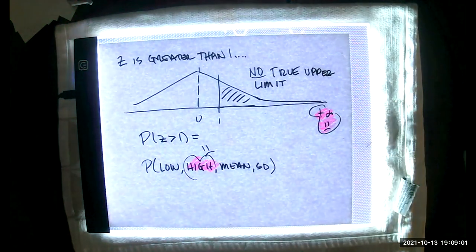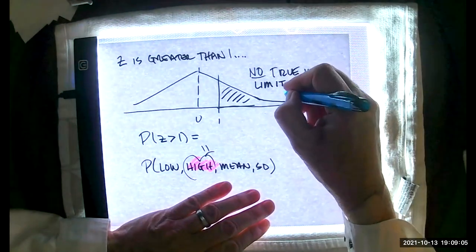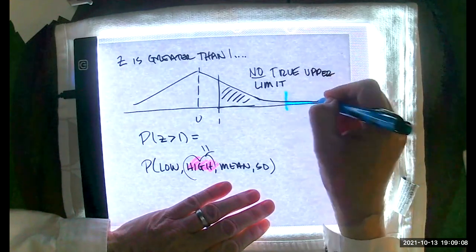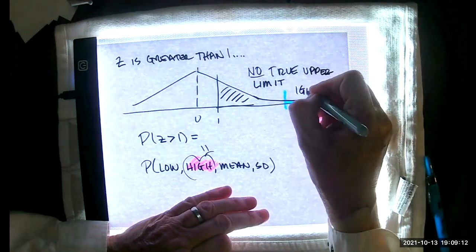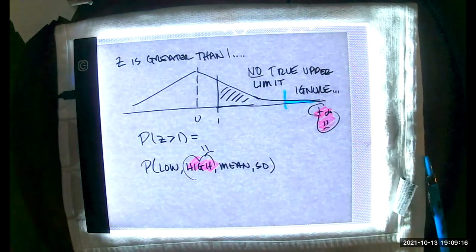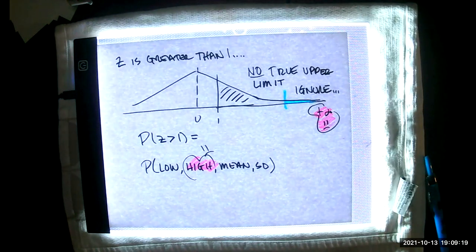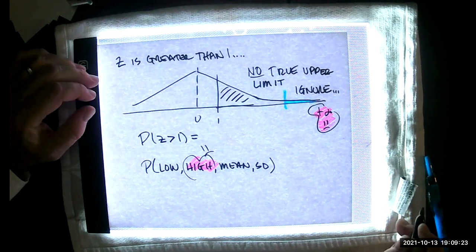Now, here's the way around this. The way around this is just to pick a fairly arbitrary start point and ignore that particular value of area. It's minuscule, utterly and entirely minuscule.